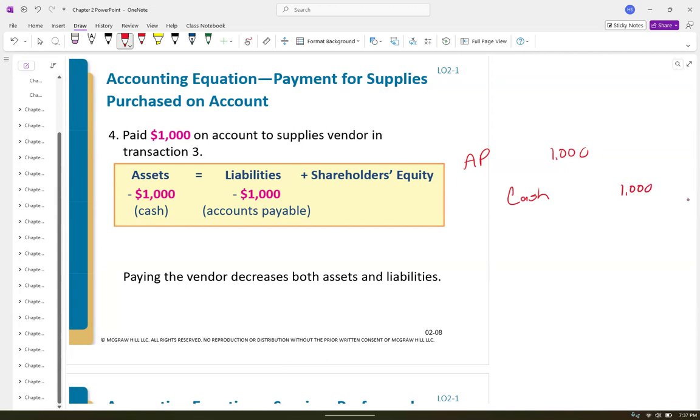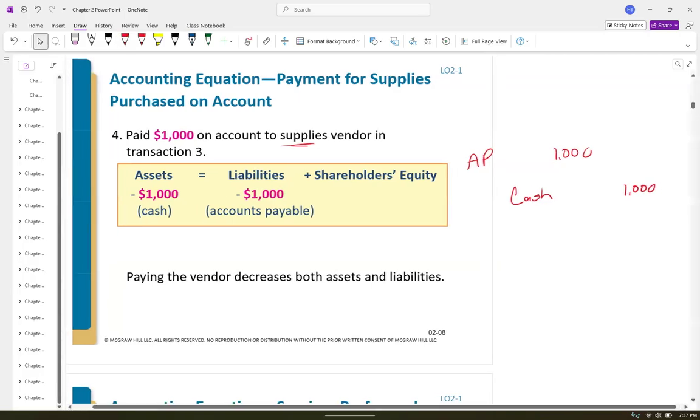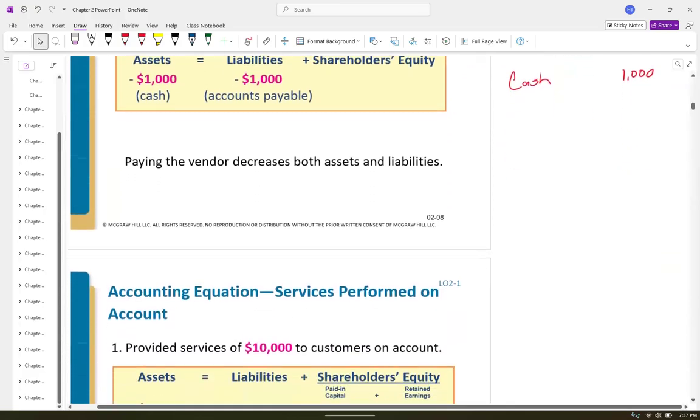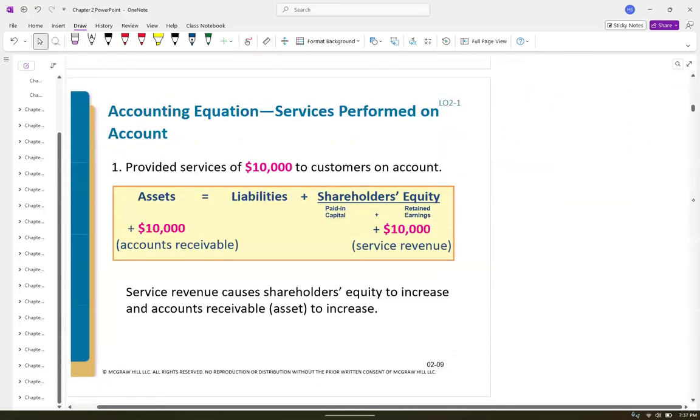Nothing's happened to the supplies. We still have the supplies, okay? We're just paying the bill now. We did it on credit when we bought the supplies. Just paying the bill doesn't affect how many supplies are still left in our cabinet, okay?